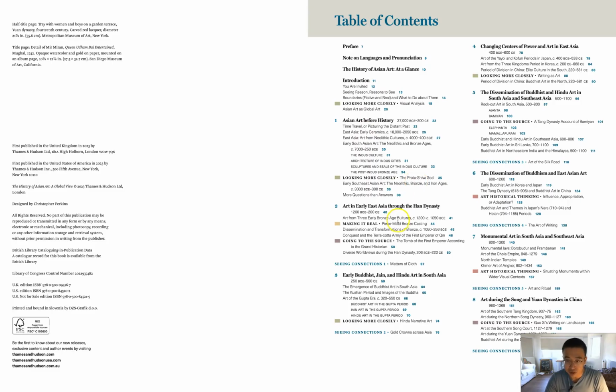It starts with China, South Asia from early time, East Asia from early time, and then back to South Asia, Southeast Asia, to East Asia. So it's gradually following the timeline from early to present, but it's changing places, traveling through places chapter by chapter.